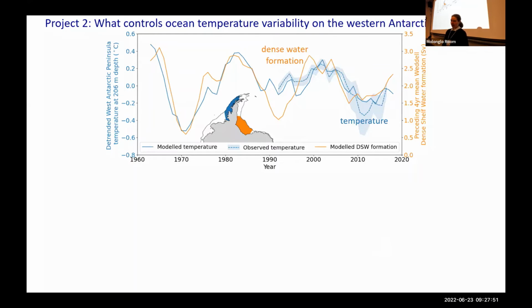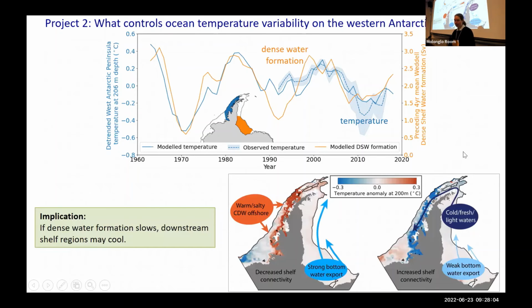And again, something we weren't expecting here is if we plot the dense water formation in the Weddell Sea, which is upstream around the continent, we find that this matches very well. And so what we have found is going on here, we've done a whole bunch of experiments releasing passive tracers and so on to look at the connectivity.